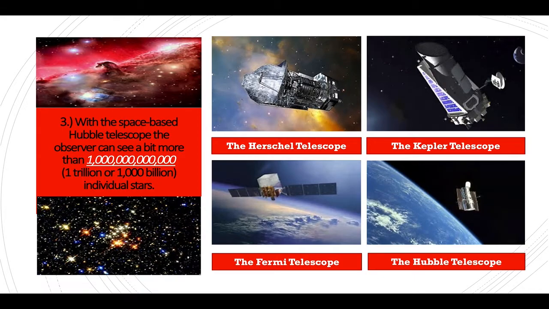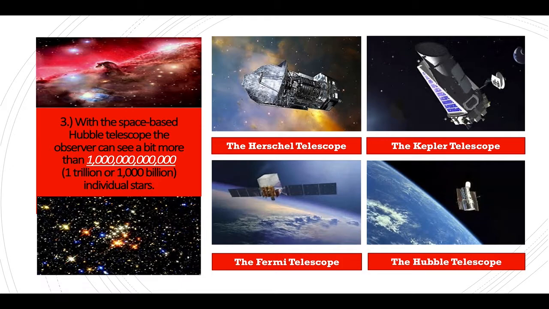We had the Hubble telescope. That was the first space-based telescope where we actually got above the atmosphere and the city lights, where it's really dark in space. And that could see about 1 trillion, or 1,000 billion. So the ground base is 3 billion. We're seeing 1,000 billion individual stars with the telescope.